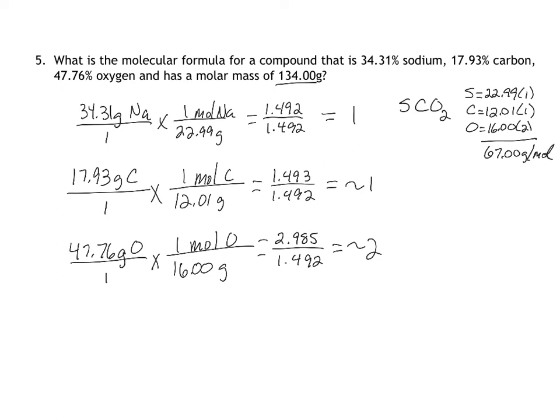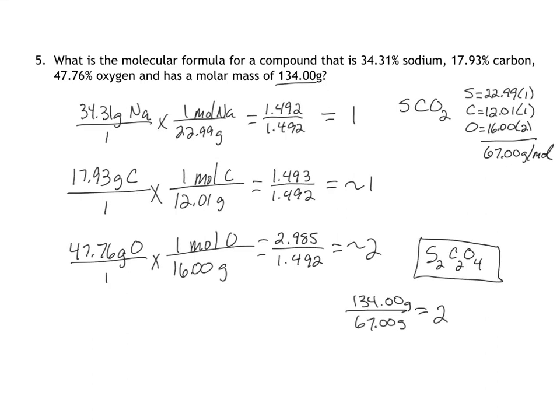Now I need to find out how many times my empirical formula goes into the molar mass. So 134 divided by 67 equals 2. So the final formula will be S2C2O4. And there's your final answer.